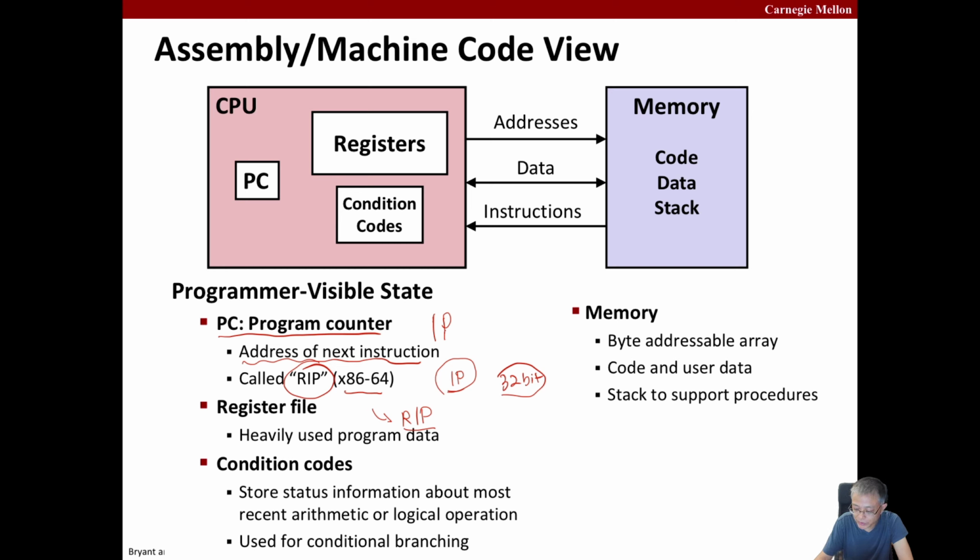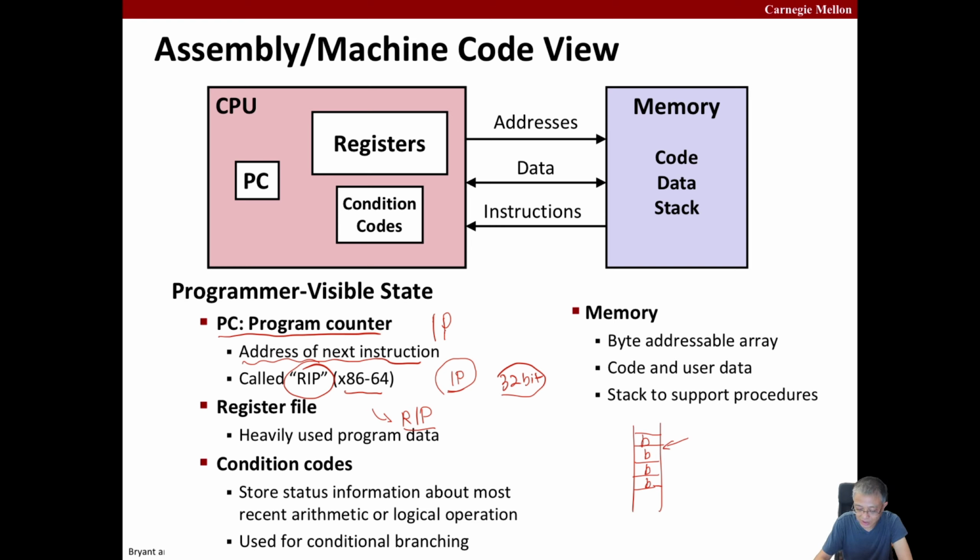So we have memory. The memory is just a byte-addressable array from the point of view of your processor. It's just a number of bytes, each individually addressable. You can send an address to the memory bus, then access the content in this byte.